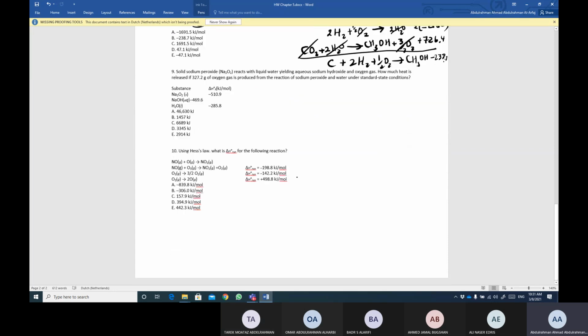Good. Sodium peroxide, Na2O2, reacts with liquid water. What's the first thing you're going to do? Write the equation, yielding what? NaOH and oxygen gas. Okay, what's the second thing you'll do?